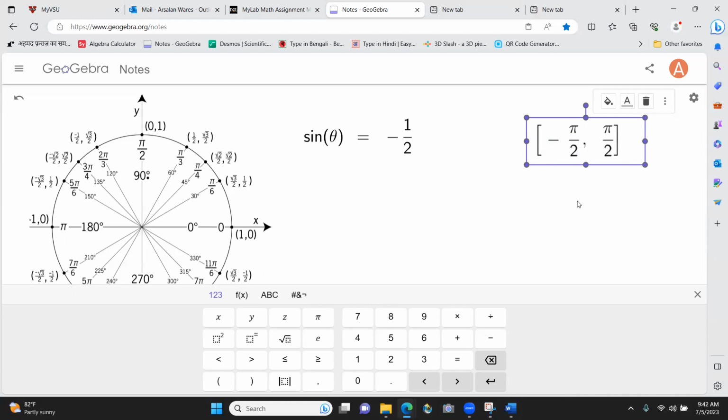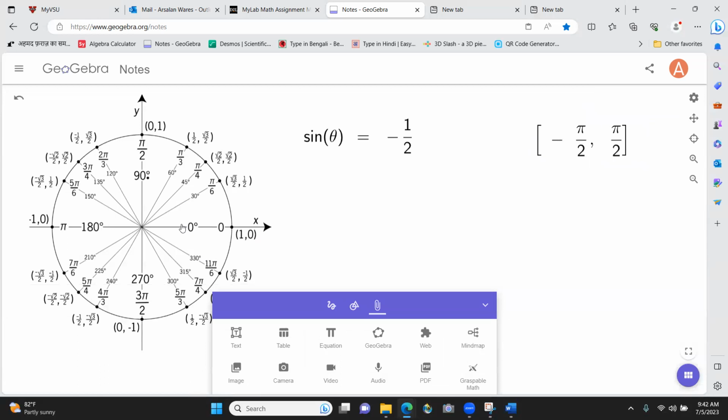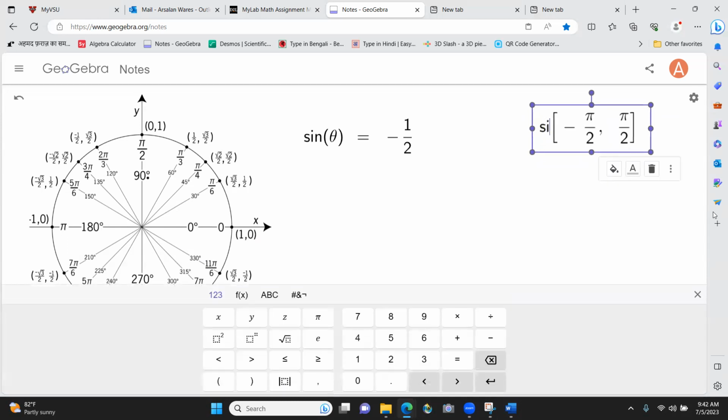All right. Now for cosine, we said in the first and the second quadrant, how do we write it? I'm going to write sine here so that you know where your sine solution should be.